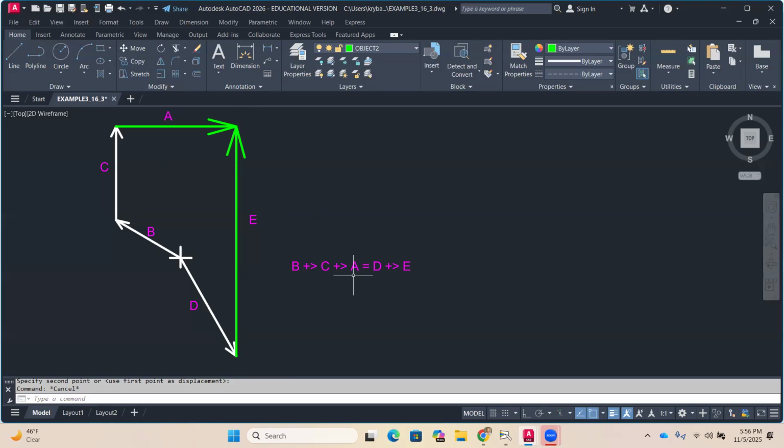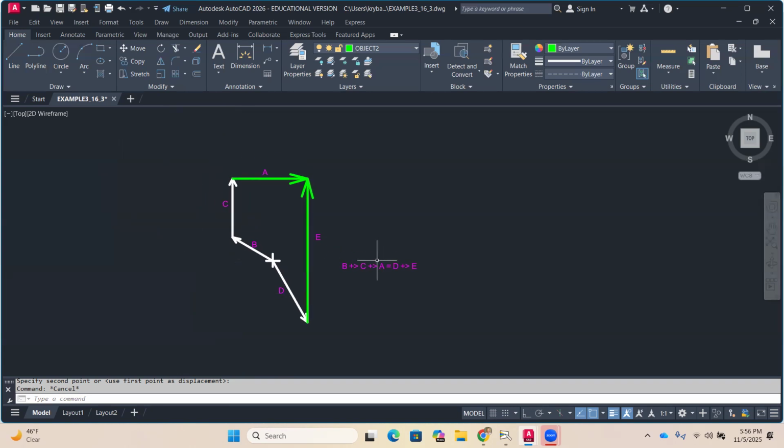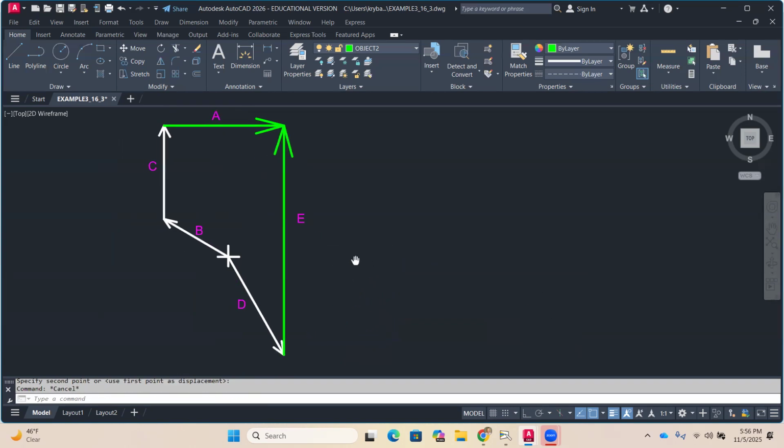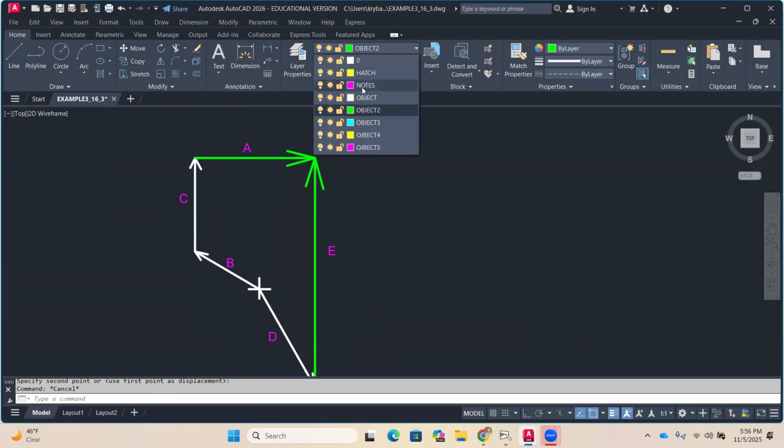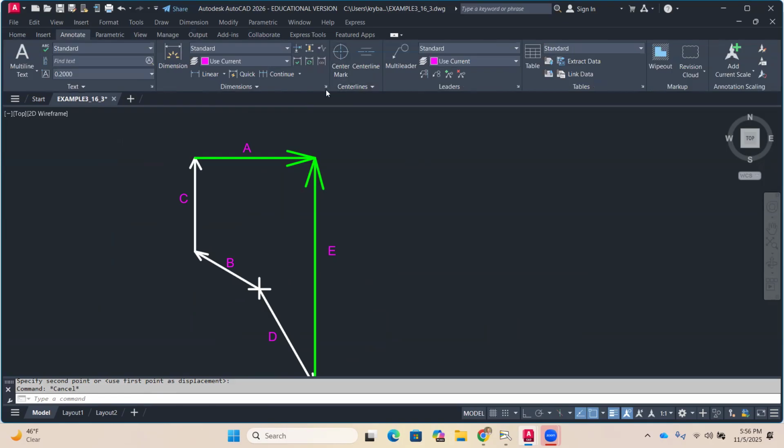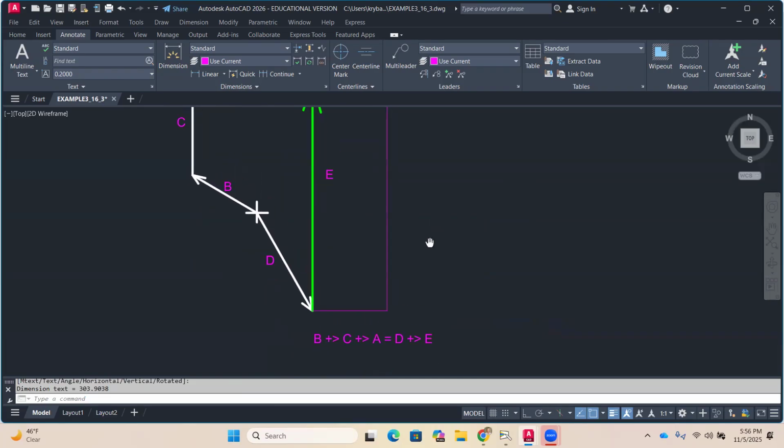Okay? All right, so then the last part of this is going to be determining those magnitudes by adding in our dimensions. So I'm going to go to the notes, and I'm going to go over to the annotate tab, and I am going to be putting in a linear dimension for each of these just because they are linear.